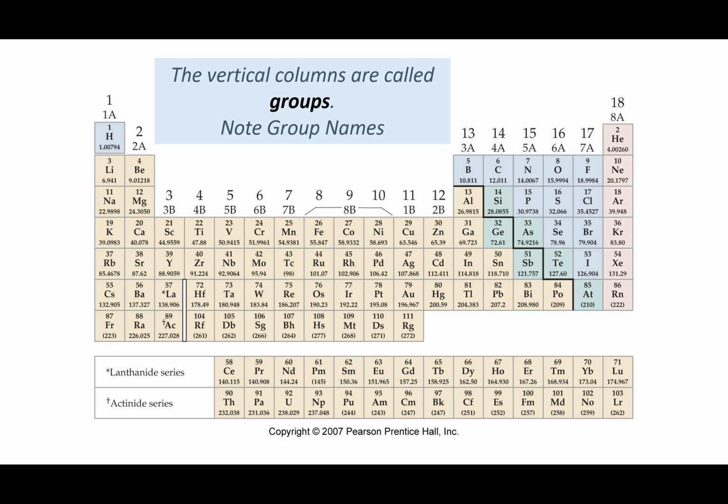So above hydrogen, I'm going to put 1A. Above beryllium, Be, I'm going to put 2A. I'm going to skip over to boron, I'm going to put 3A. Carbon above that, 4A. 5A above nitrogen, 6A above oxygen, 7A above fluorine, and 8A above helium.